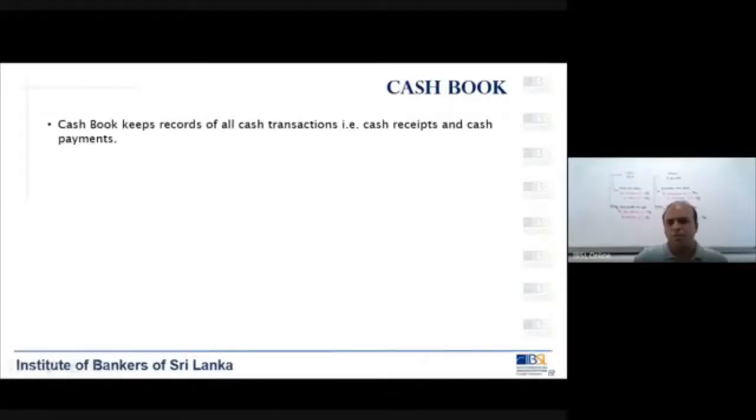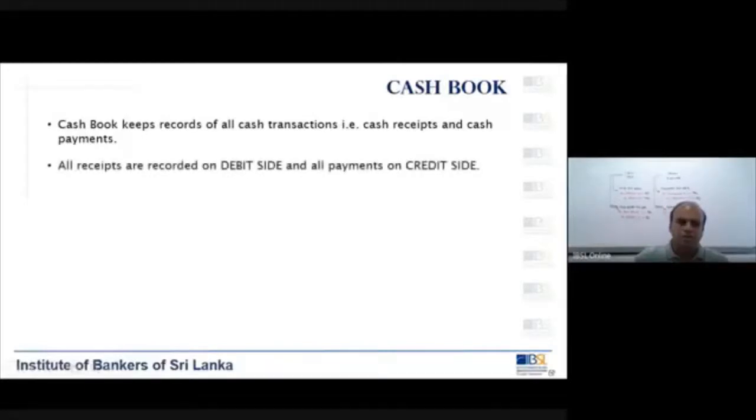Cash payments would be where you will pay for your purchases, or you might have to incur a miscellaneous payment for expenses like utilities, electricity, water, whatever in your business. So all cash receipts and payments will be recorded in your cash book. Please note that all receipts are recorded on your debit side, because cash is an asset to you.